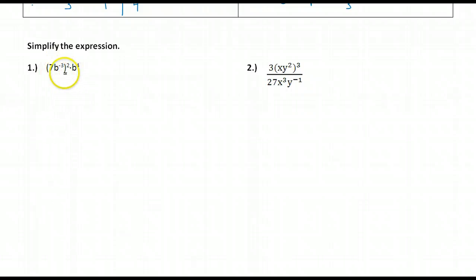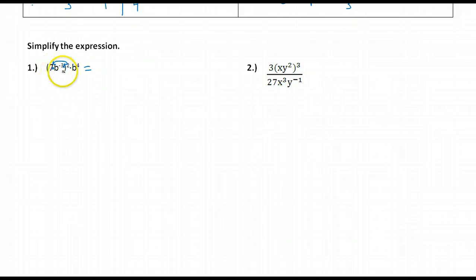In problem number 1, I can start this problem multiple ways. The way that I'm going to start it is by getting rid of these parentheses. To get rid of these parentheses, I need to distribute this squared to the 7 and to the b to the negative 3 power.